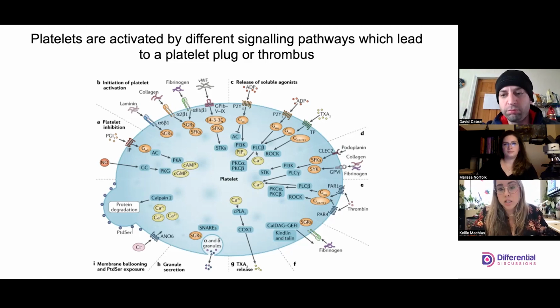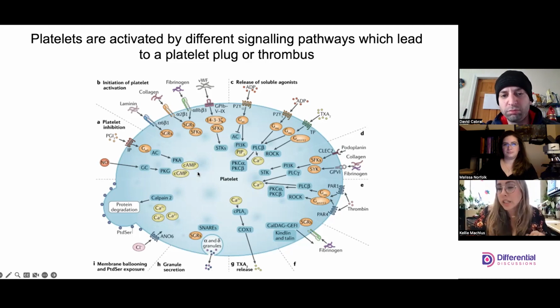It will cause the granules to be released, which you can see here, alpha and dense granules. Aside from a lot of other things, there are also things in the granules that cause more platelet activation. And so the platelets around them will activate.